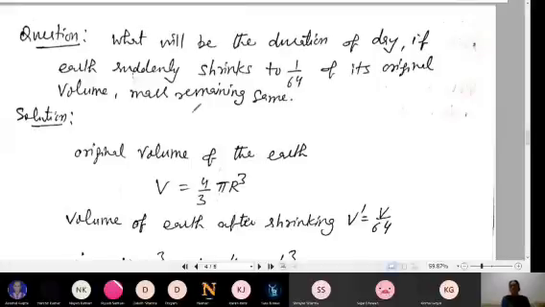So original volume, if I take with the r radius, that I know earth is a sphere. It's a solid sphere. So I can write the volume that is equals to 4 by 3 pi r cube. Now, according to question, it is shrinking to 1 upon 64 of its original volume. So, if original volume is V, then the new volume V dash is equals to V upon 64, as per the question given.